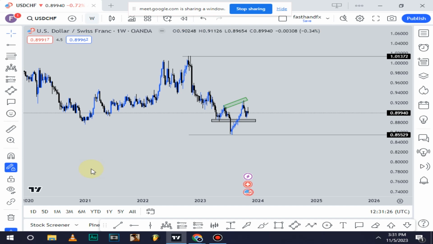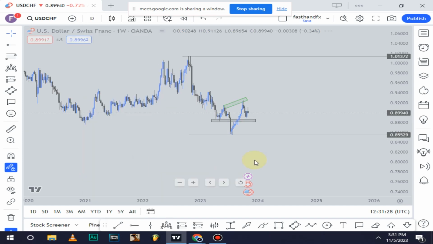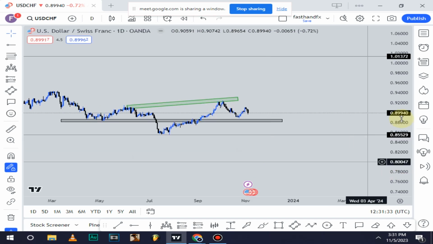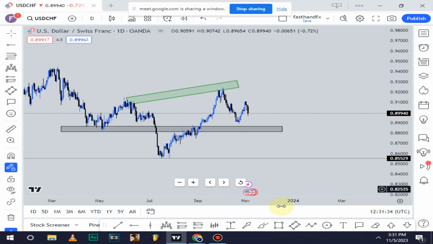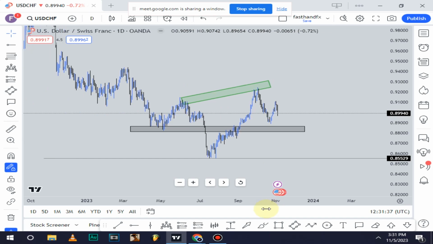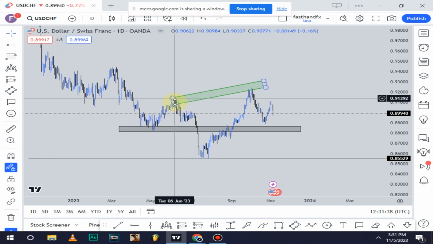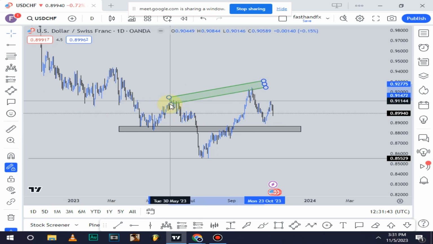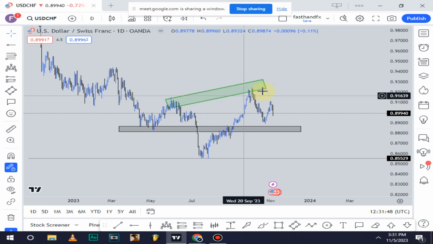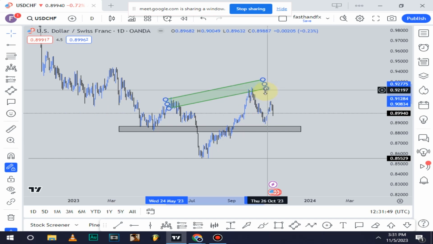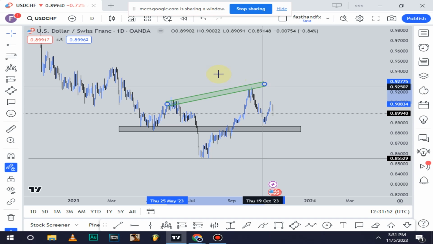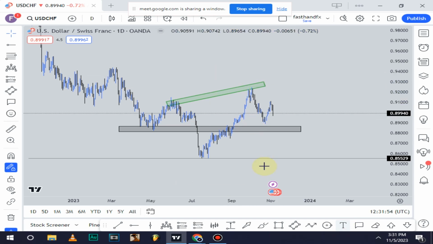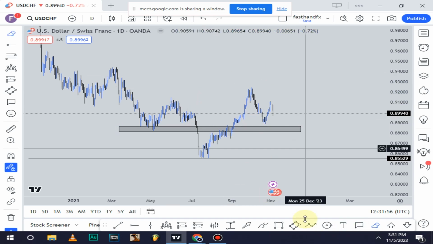Anyway, let's go back to the daily. So I believe that makes sense now at the daily. The inverse head and shoulder, I believe it makes sense right now. Let me just remove that neckline anyway.